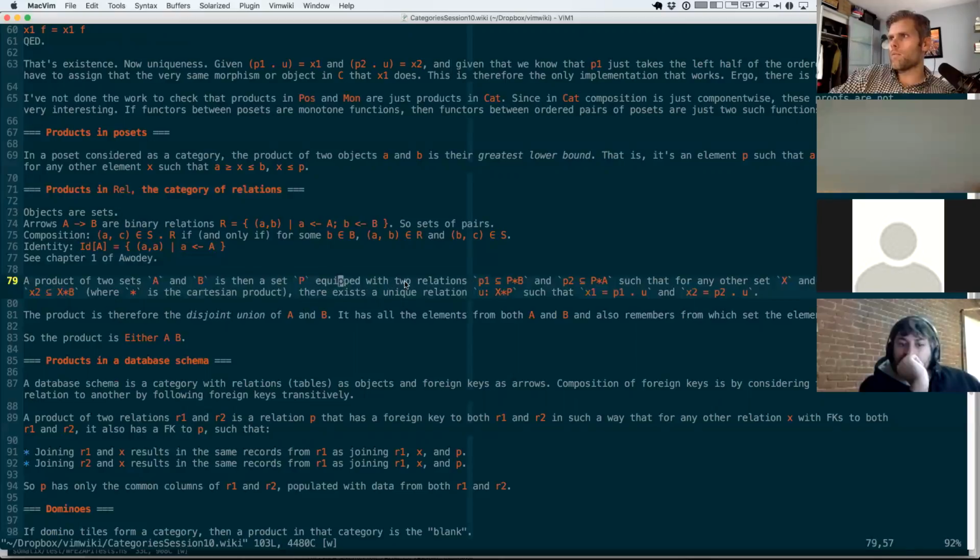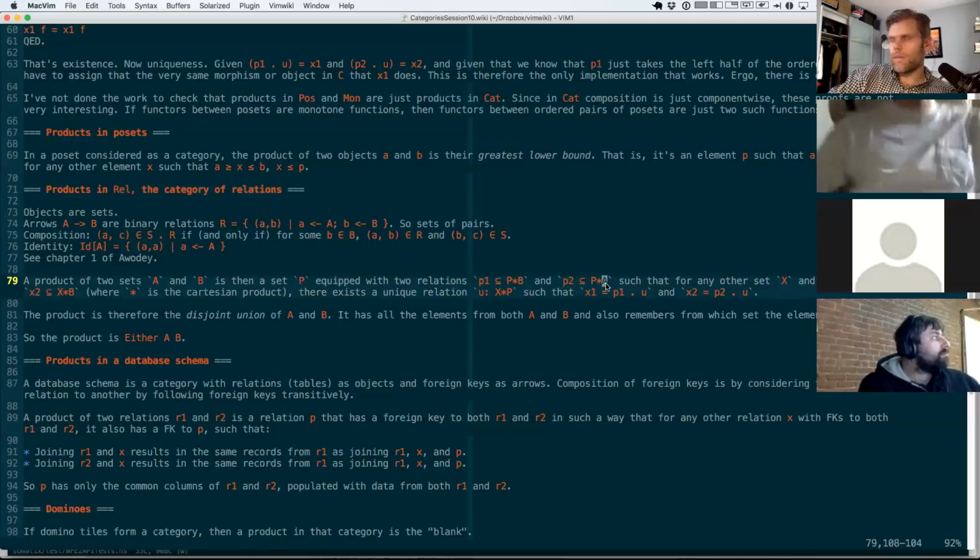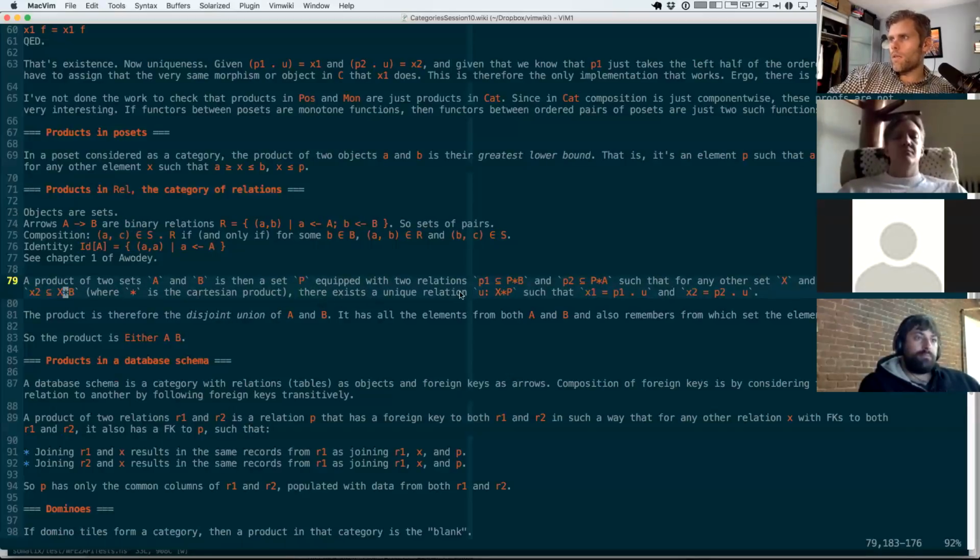It must be a set P equipped with these two relations: P1, which must be a subset of the Cartesian product of P and B, and P2, which must be a subset of the Cartesian product of P and A. That is, an arrow from P to B and an arrow from P to A. But it must hold that for any other set X, with relations X1 and X2 from X to A and from X to B, there must exist a unique relation U which makes that whole thing hold, that P1 composed with U is X1 and P2 composed with U is X2, right?